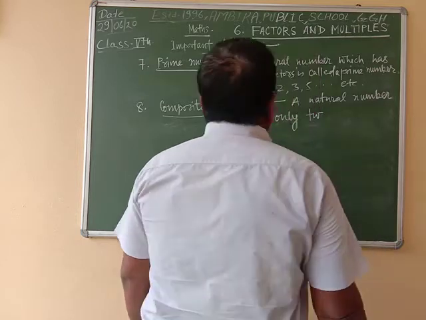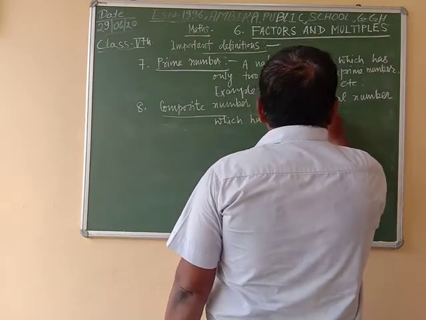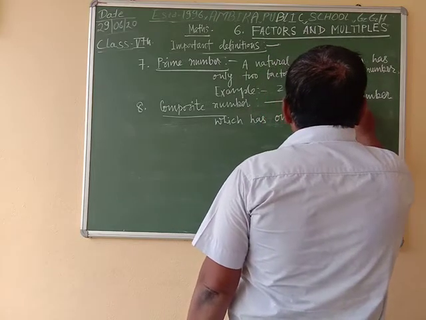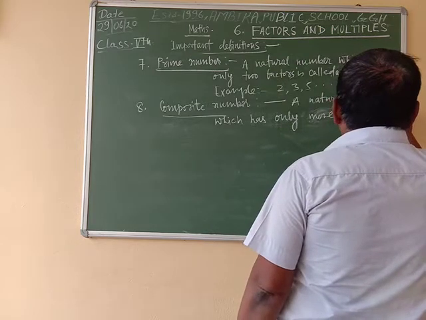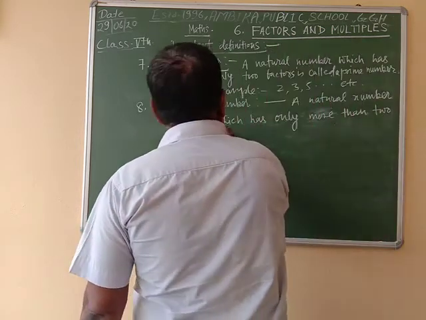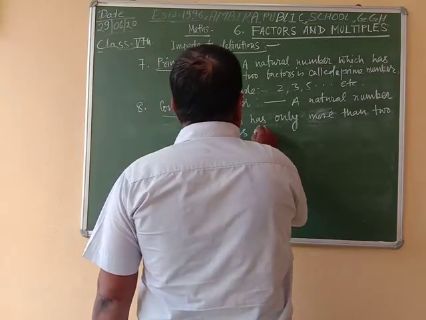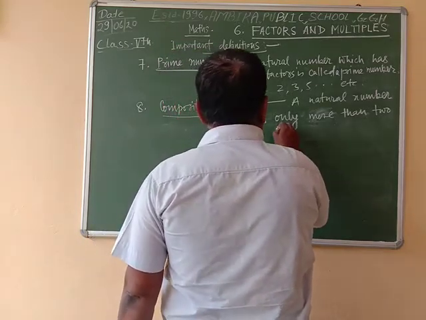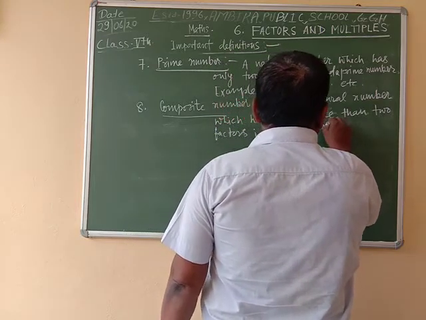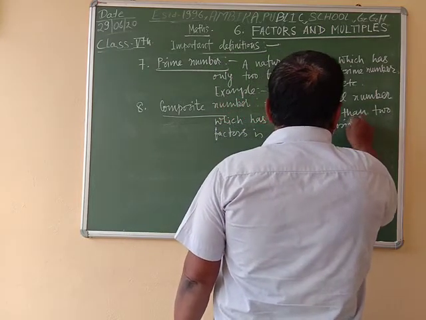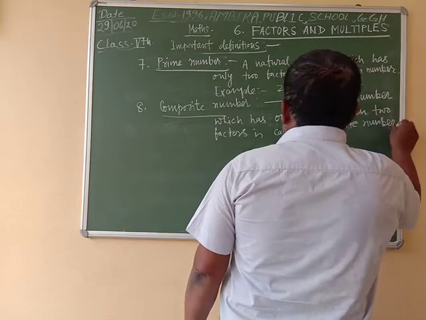A natural number which has more than two factors is called a composite number. Composite number means यौगिक संख्या.